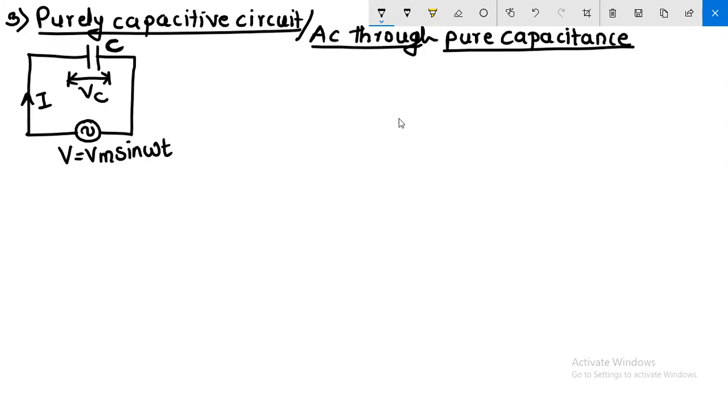Yes, sir. Now this is our circuit diagram, or you can say this is our circuit arrangement for the purely capacitive circuit.